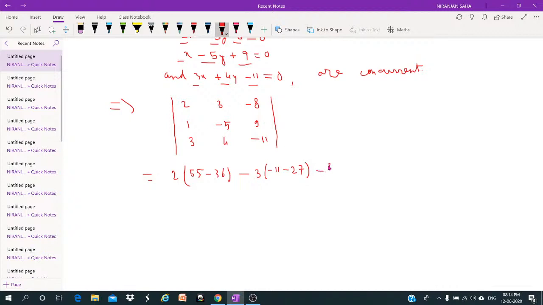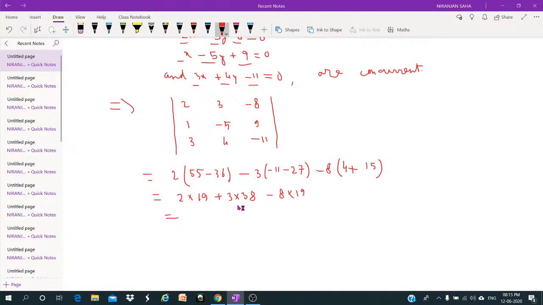This will be minus 8, and this will be 4, minus 50 plus 50... This will be 90, and here minus is taken, or plus 3 multiplied by 27 and 11, 38, and this will be minus 8 multiplied by 19.